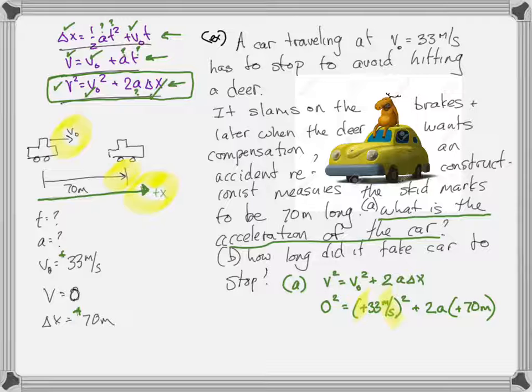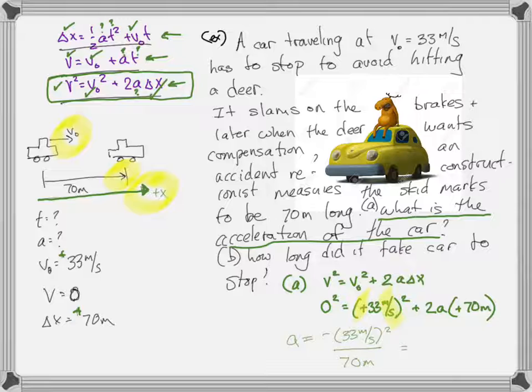So now I'm going to go ahead and solve for my unknown. A is equal to minus 33 squared, I'm doing the algebra, divided by, I left off my units. So I carefully solve the algebra. You can't drop your minus signs, you've got to pay attention to those.